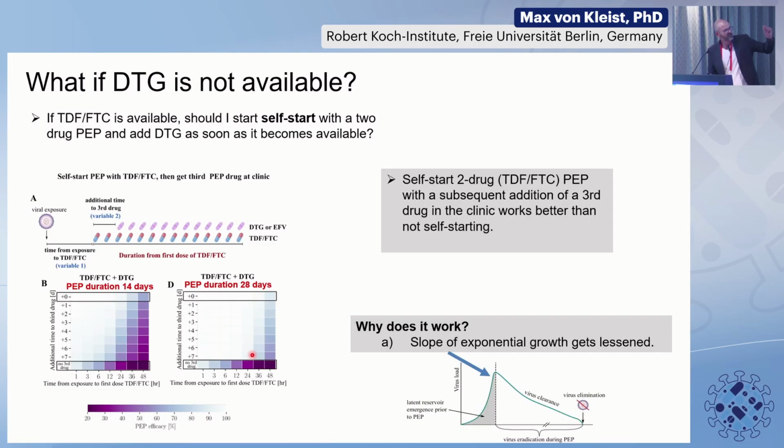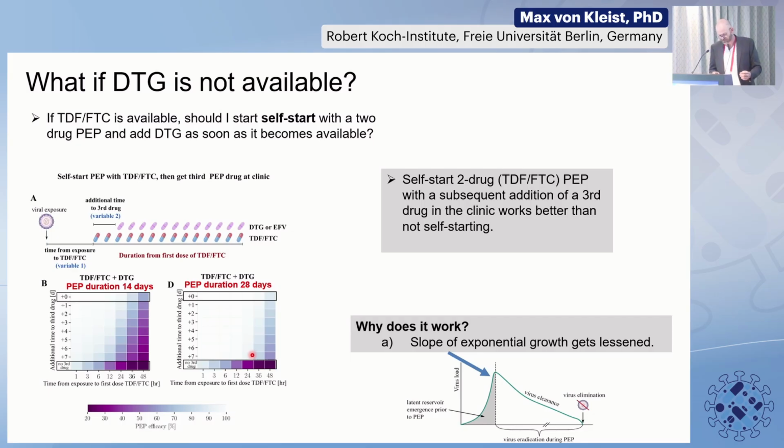And I can also explain why this is. So what the 2 drugs do is they don't fully prevent the infection, but they lower this initial viral expansion. So you start off with less virus, and therefore you need less time to clear it. So you basically just win time by initiating with 2 drugs.